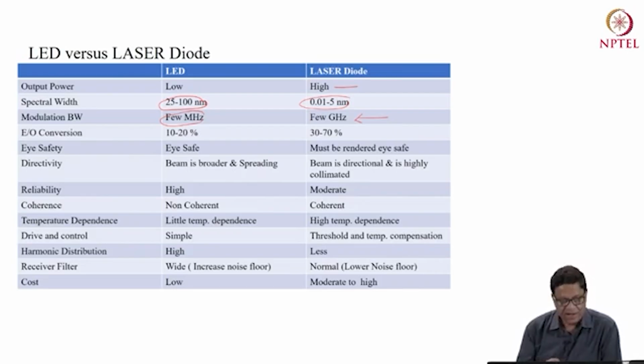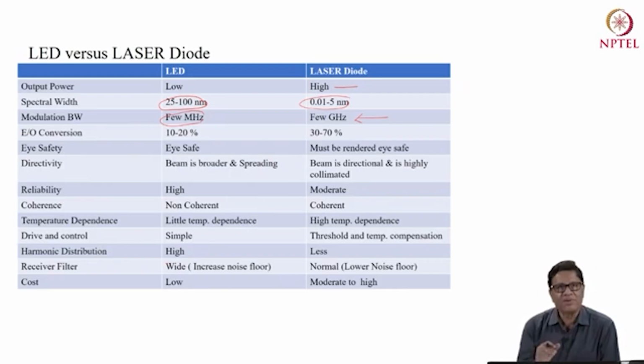Harmonic distortion in an LED is high, whereas in a laser diode, because it is essentially a single source of light ideally, it is quite less. The receiver field of view is wide because the light is emitted in a wide direction. So if you want to collect the whole light, the receiver should be wide angle. So it will collect more noise as well.